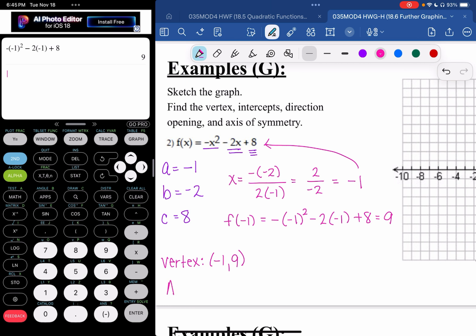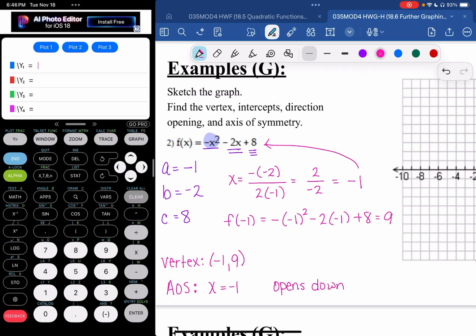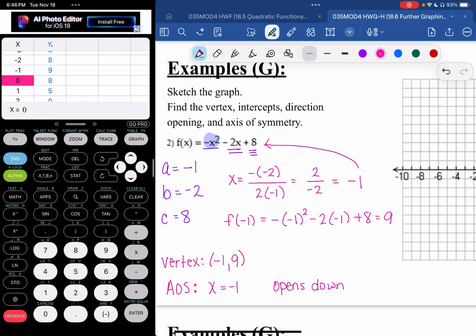My axis of symmetry, x equals negative 1. And since that first value is negative, that means it's going to open down. So I can go to y equals, I can graph this and get my table of values. So second graph, I want values around my vertex.